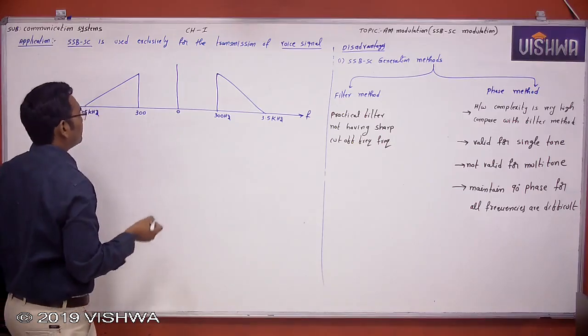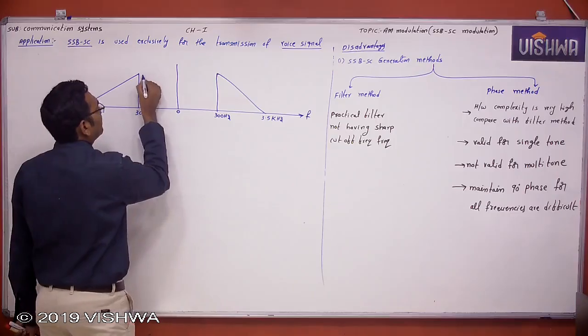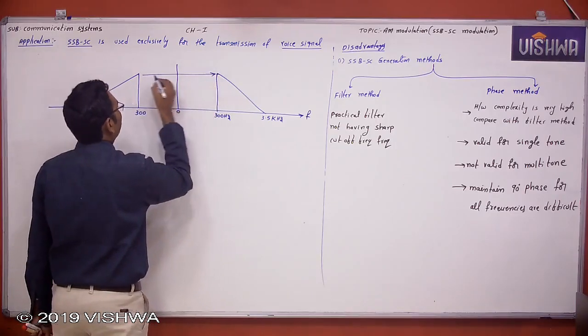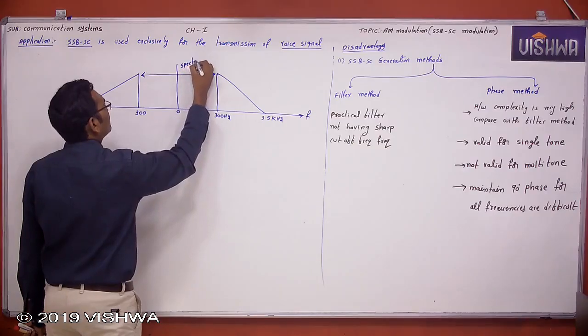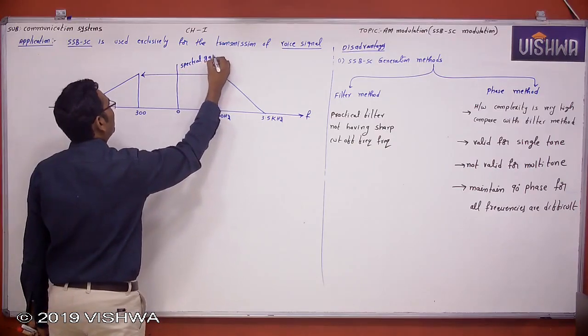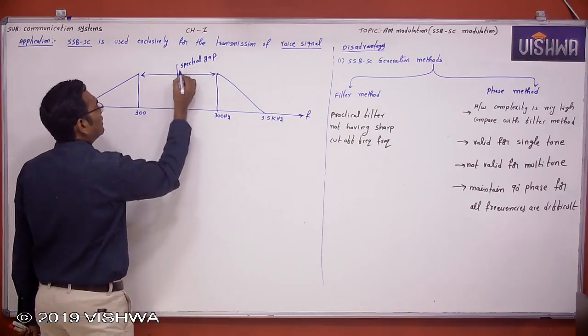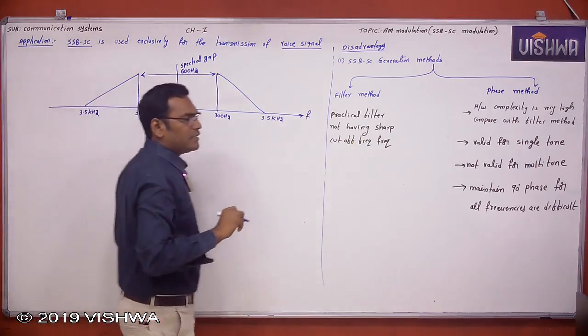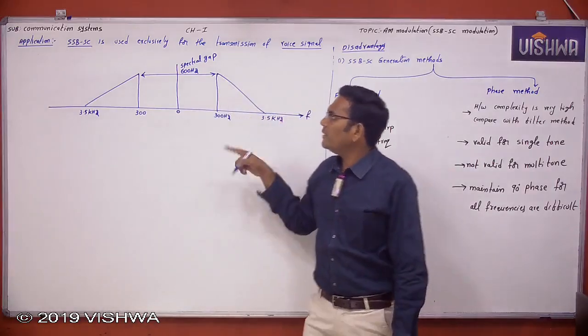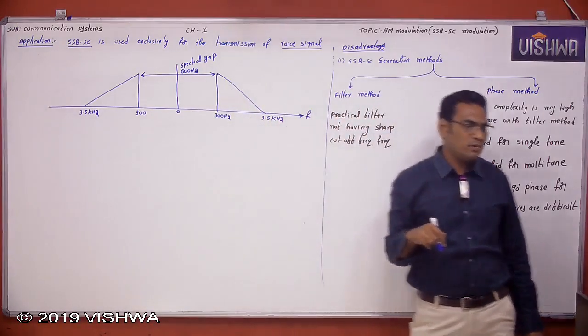And this is the spectral gap. What is the spectral gap? 300 and 300. Now this is the spectral gap, 600 Hz between the upper sideband and lower sideband. You just observe this one.